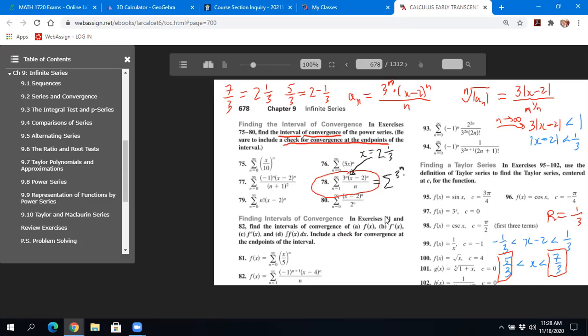So that's 3 to the n times 1 over 3 to the n, over n. What do I end up getting? 1 over n. And what's true about that? This diverges. Okay, so it diverges at that endpoint, right? Make sense?